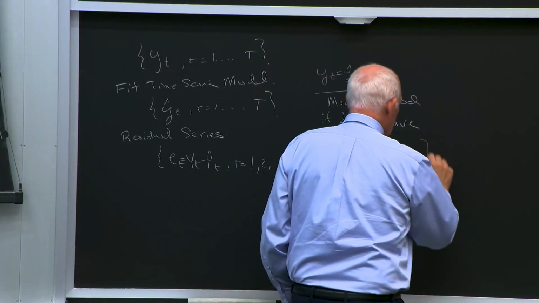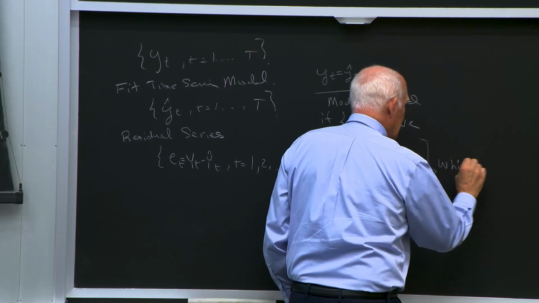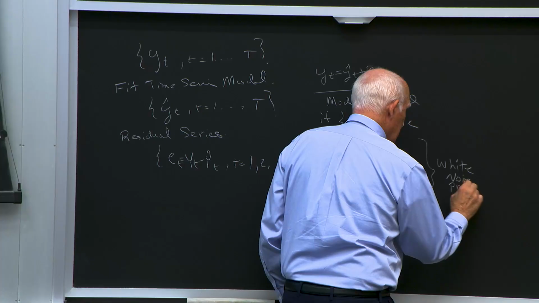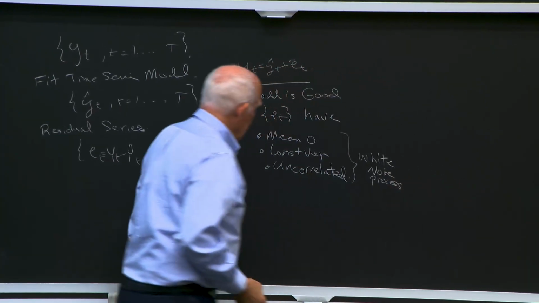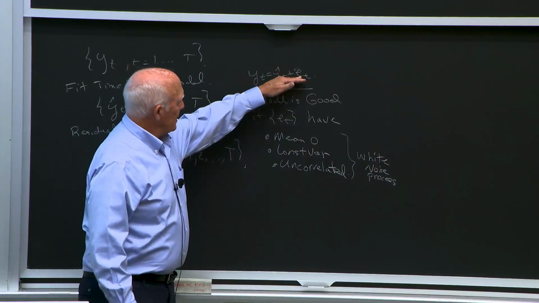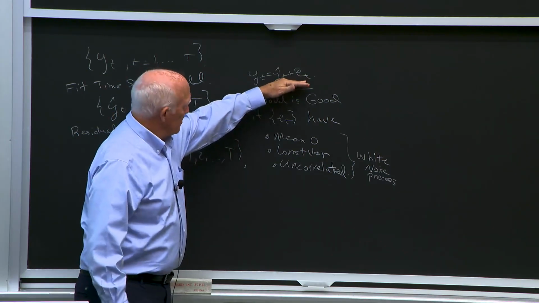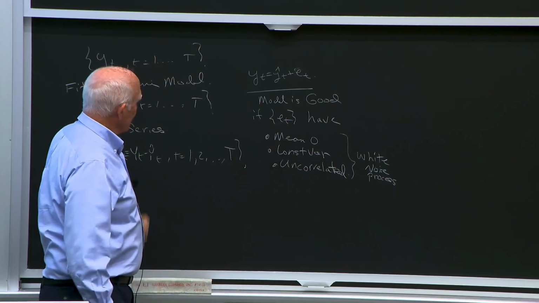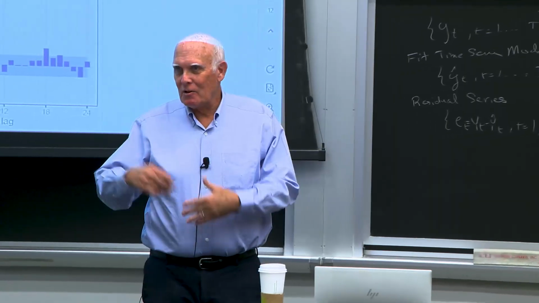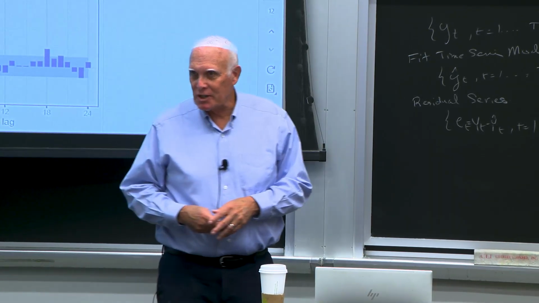These assumptions are basically assumptions of a white noise process. So if our model predicts up to this residual process, which is unpredictable, has mean zero, constant variance, and is uncorrelated, there's no information left in the residual series.